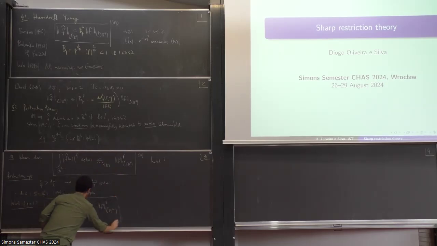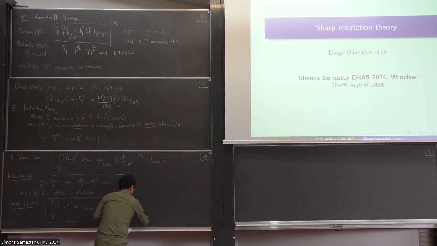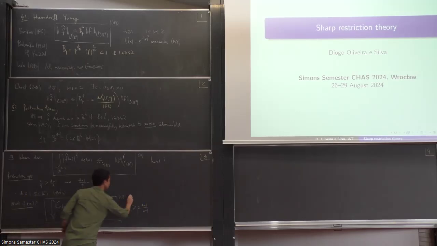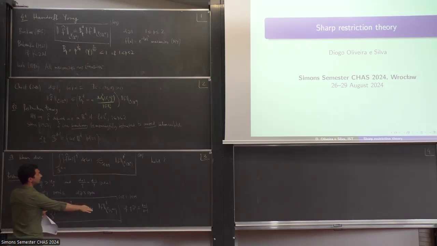This inequality is going to hold if q is greater than or equal to 2d over (d-1), and it's the Stein-Tomas inequality. It has been known to hold since 1975, and it is equivalent to the p equals 2 case of the restriction inequality.